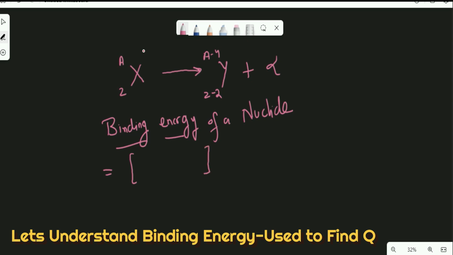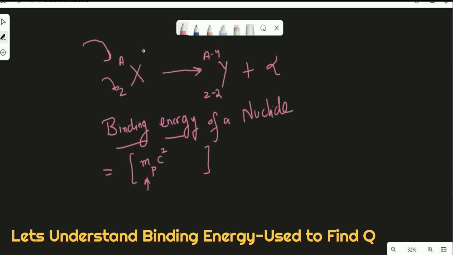So what you do is take, for example, this. How many protons are there? You know the number of protons. Calculate the rest energy of the protons in X. So let's say the number of protons is Np. This is the mass of the protons, right? And multiplied by c square. So I'm referring to individual protons. All the protons put together, this is the mass. The rest mass of all the protons converted into rest energy.